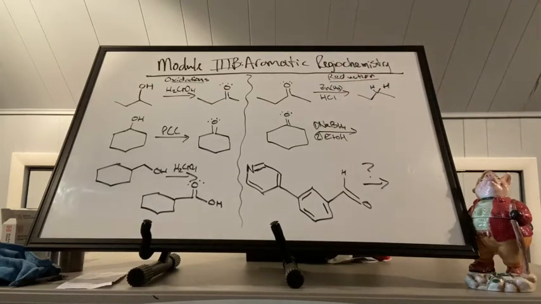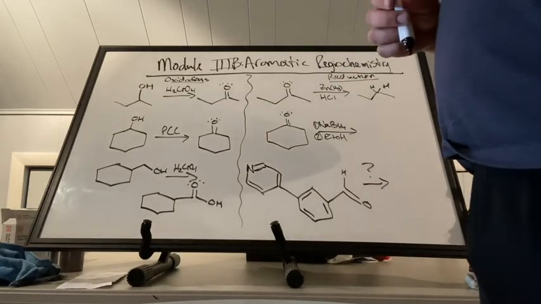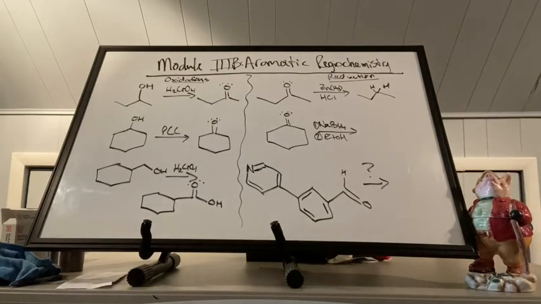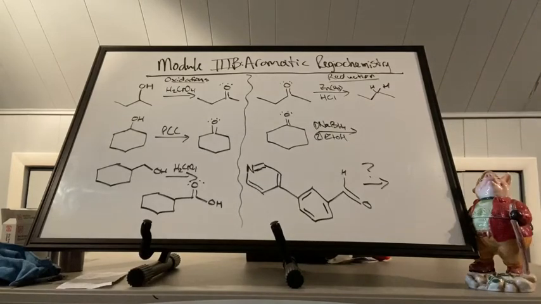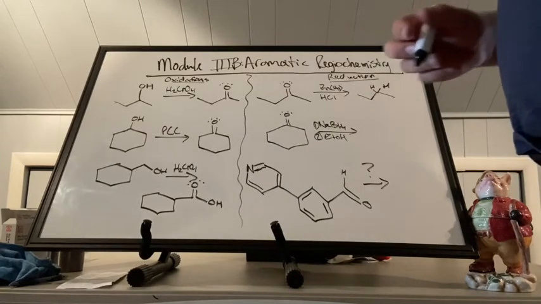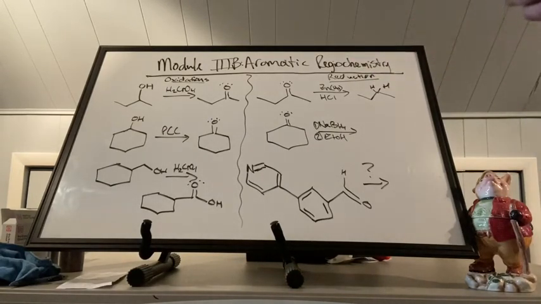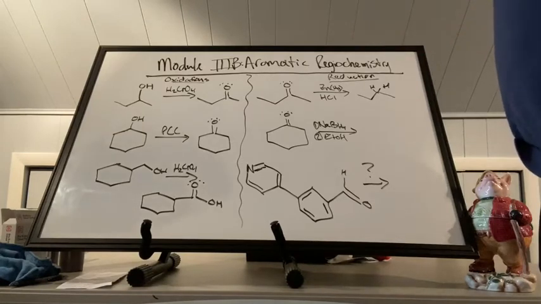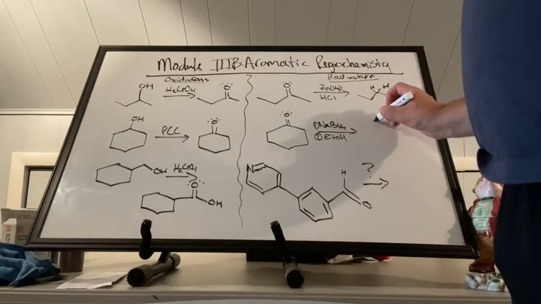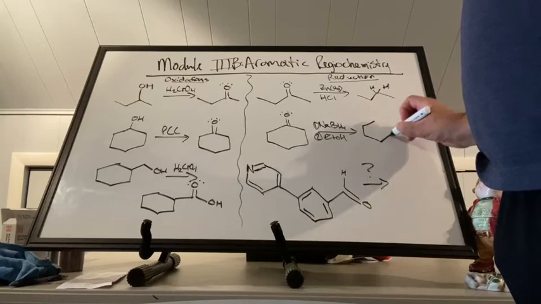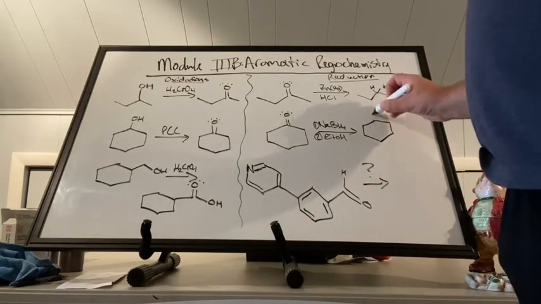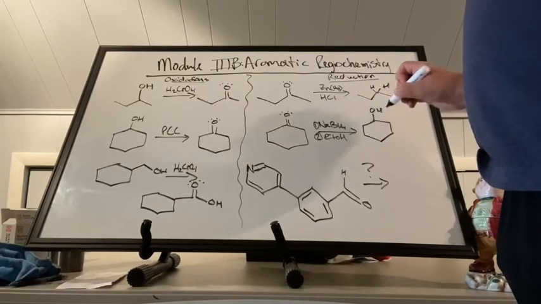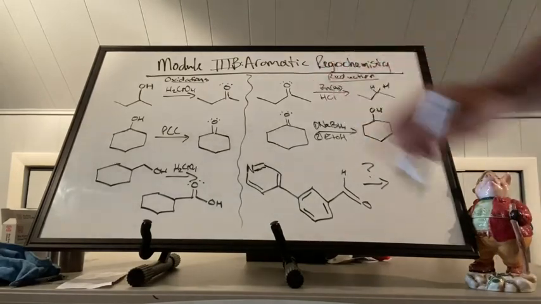You'll see an isoelectronic counterpart, that being lithium aluminum hydride, which is going to be more polar and hence more reactive to carbonyls, which you'll see later. But for now, we're just going to work with NaBH4. Okay, so remember, that's just going to be a one-stage reduction.